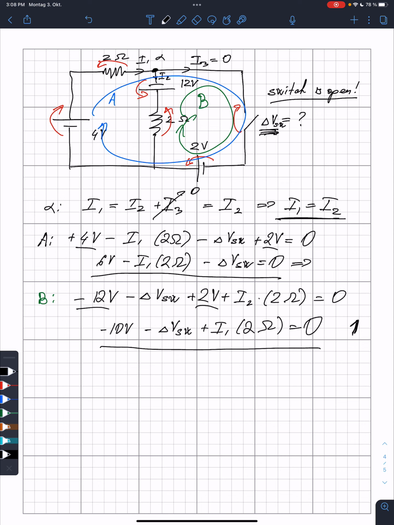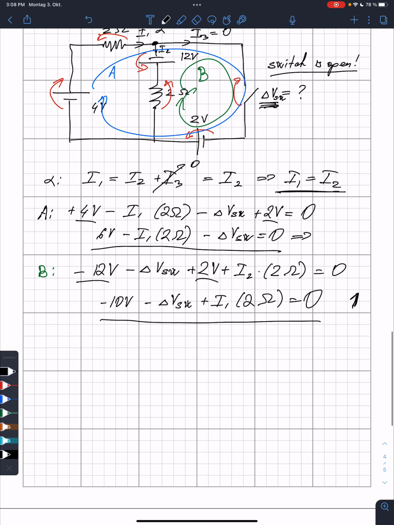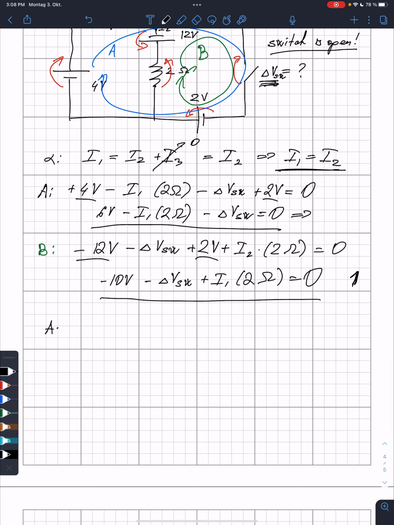As a matter of fact, what I want to express is I1 times 2 ohms from equation A. From equation A, it follows that I1 times 2 ohms is 6 volts minus delta V switch. How did I get that?